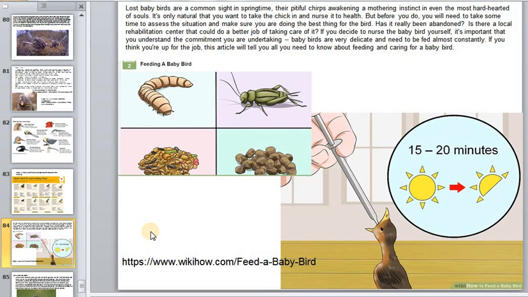If you don't find it, or the parents, you can feed a baby bird with bread or something else. And if you want to know more about how to care for this baby bird, you can use this link.